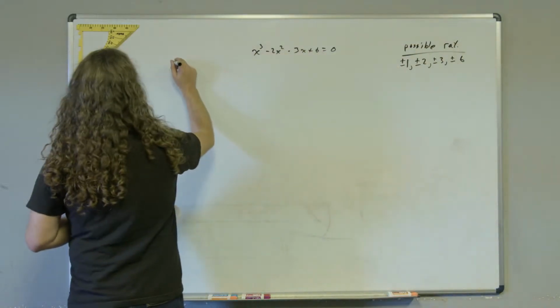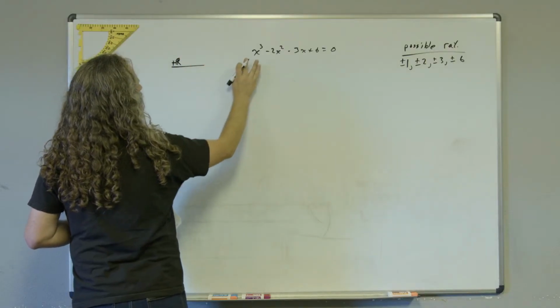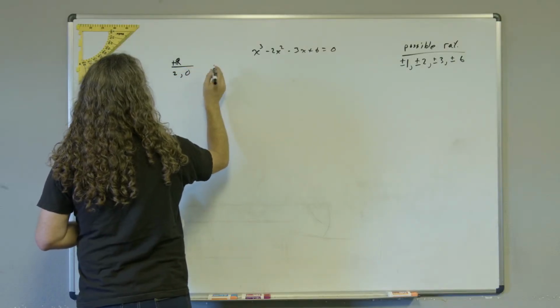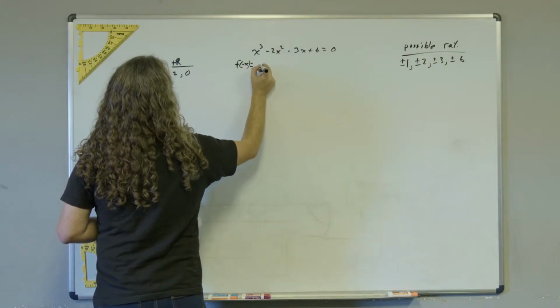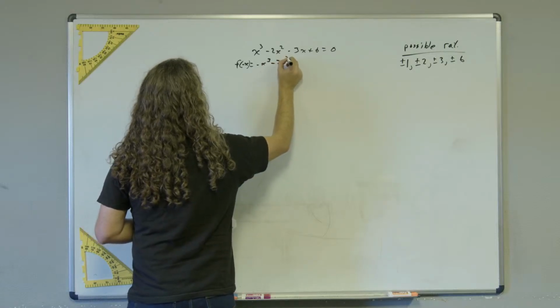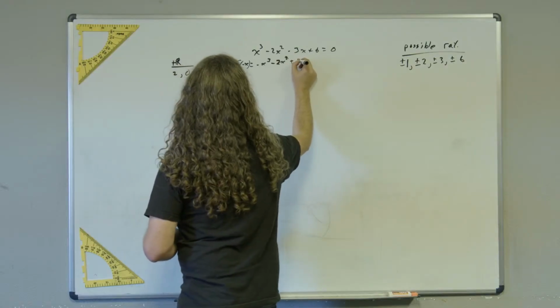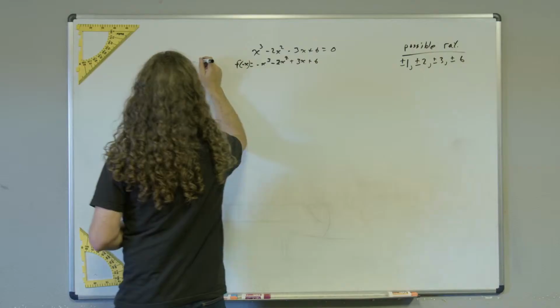the changes in sign. Sounds good. So positive real ones. There's 1, 2 changes. So there could be 2 or there could be 0. For f of negative x, we've got negative x cubed minus 2x squared plus 3x plus 6. So 1 change.